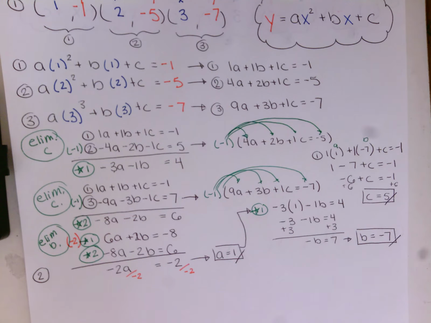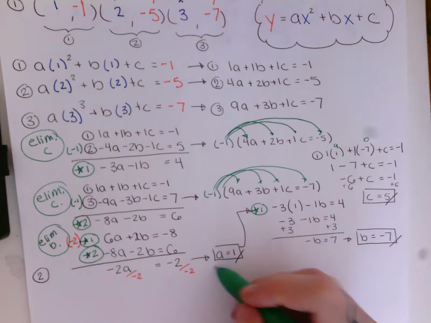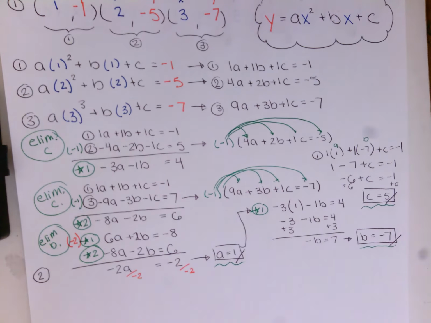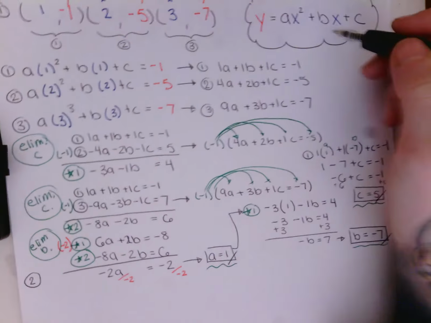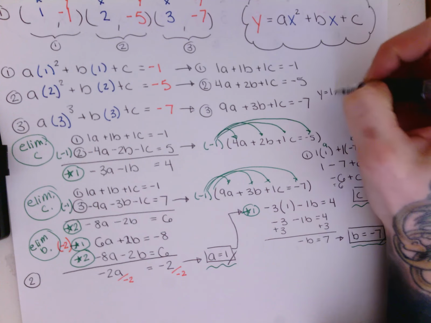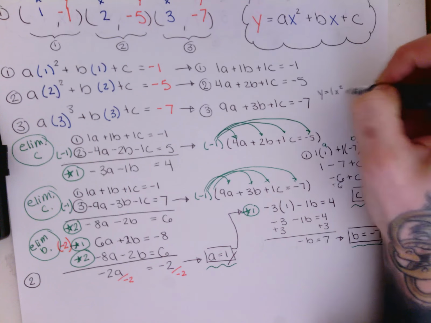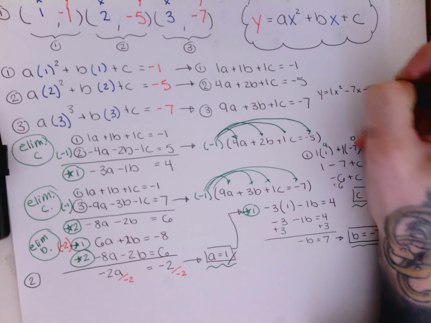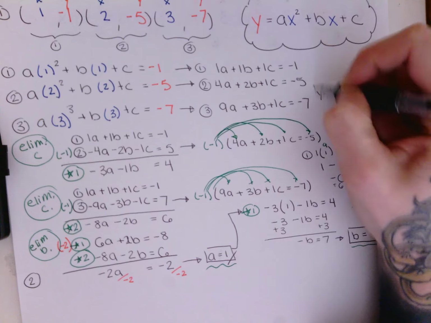So the equation, when I put all together, my a and my b and my c: a is 1, x squared, b is negative 7, x, and c is 5.